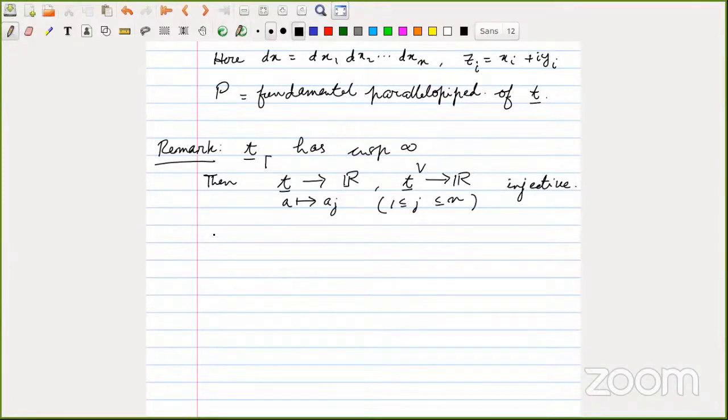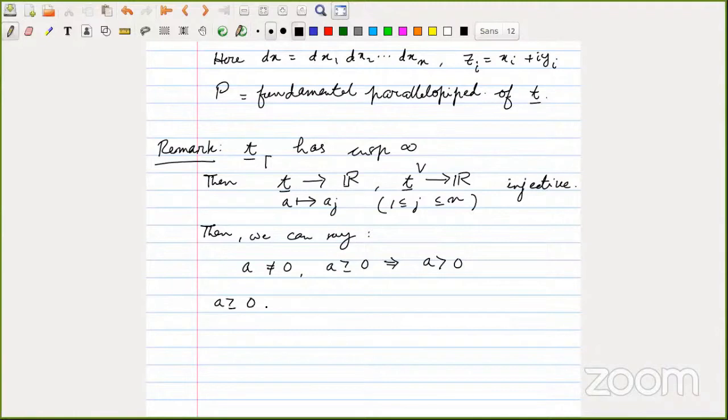So what is the use of saying this? It allows us to say things like, because it's an injective map, that A is not equal to 0 when A is bigger than or equal to 0. Then I can write A is bigger than 0. Because if A were equal to 0, this would not be true, and it's because of this injectivity.